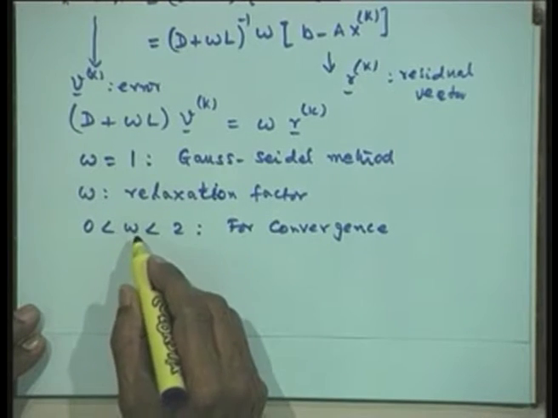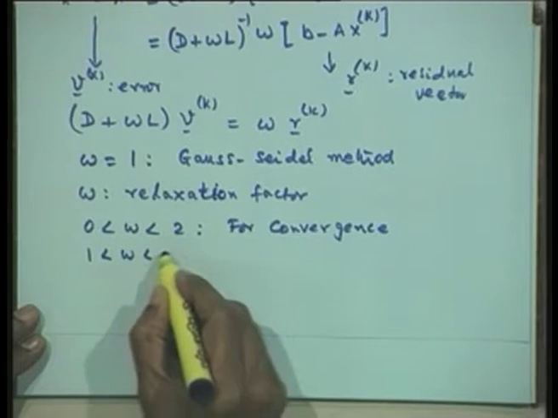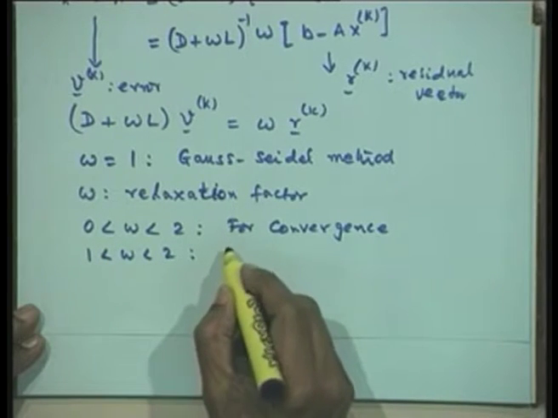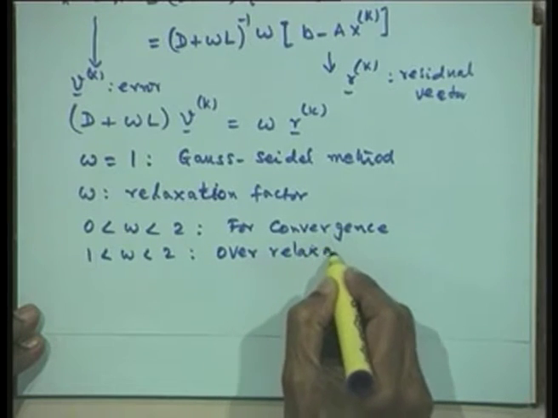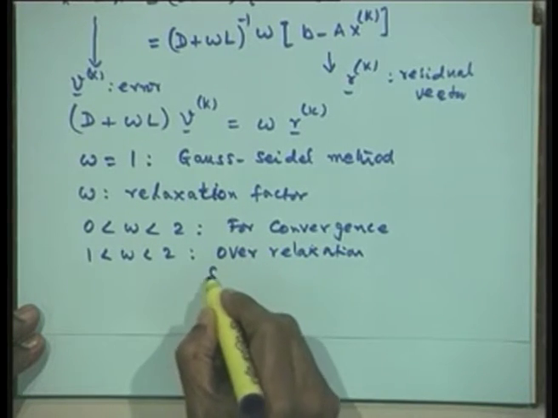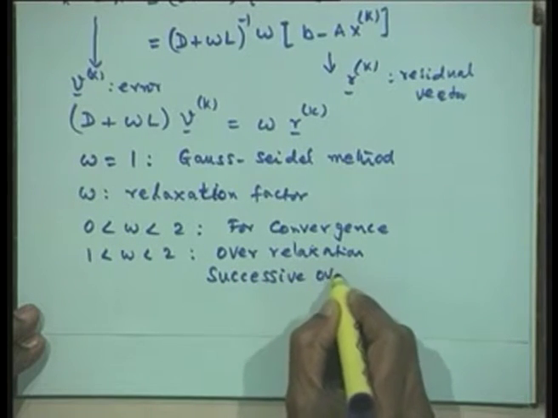If we use a value greater than 1, that is above Gauss-Seidel, 1 less than omega less than 2, it is called over relaxation, and it is also called in literature successive over relaxation.